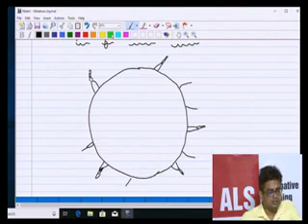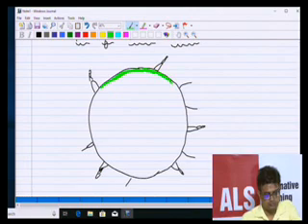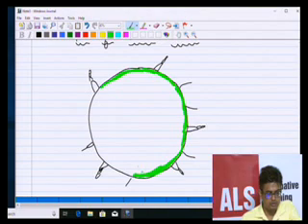Now inside the epidermis lies a layer called collenchyma. This is the collenchyma. Collenchyma is also green colored. That is why I am choosing the green color to draw it with.